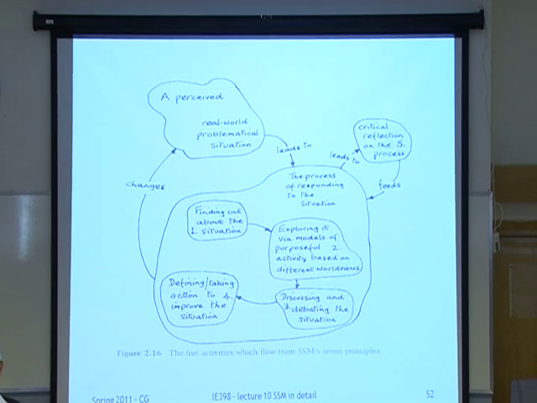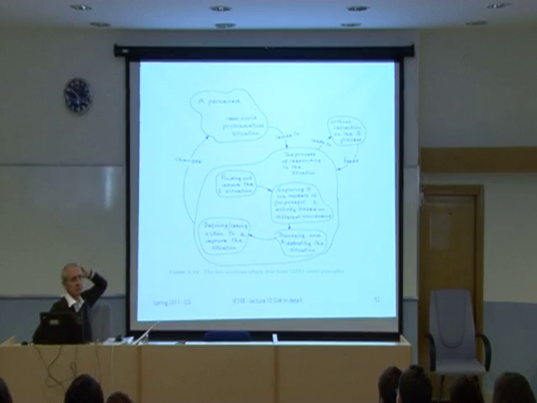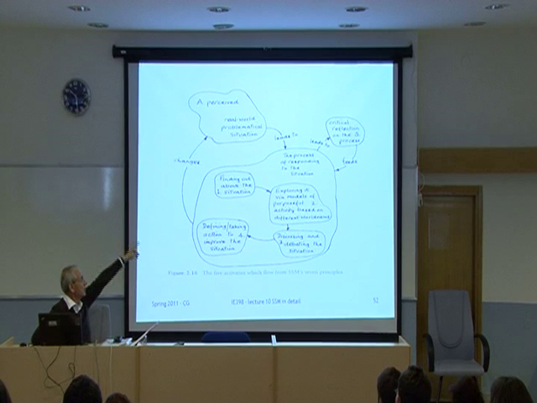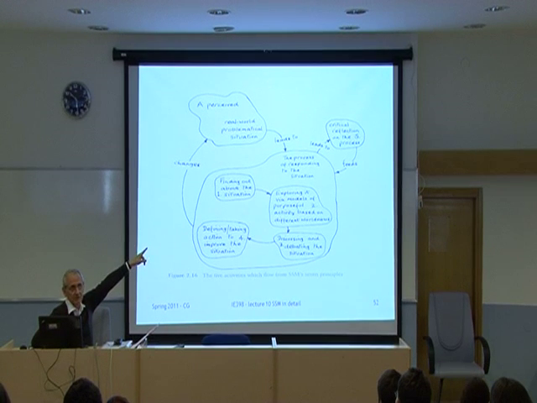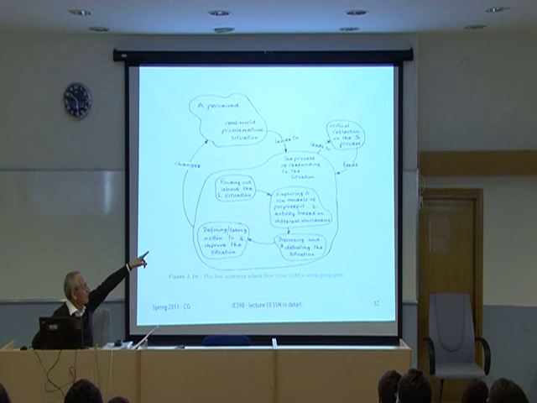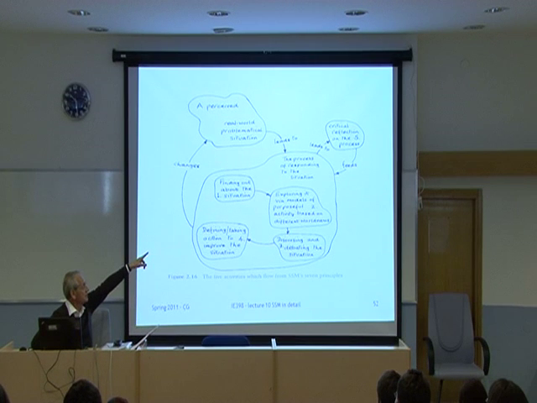Here is the final diagram of this lecture, which shows in the inner circle the 4 steps that we have learned now. And at the top sits the problematical situation. But now we have another step, which is sitting outside, the reflective or critical reflection on the process, number 5.